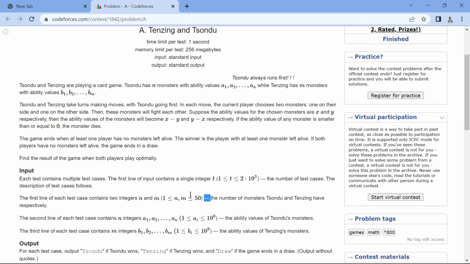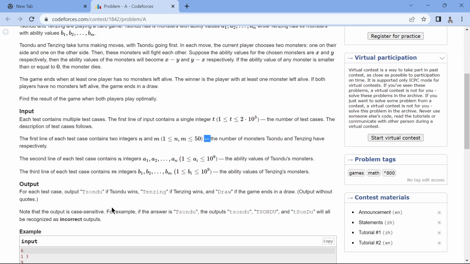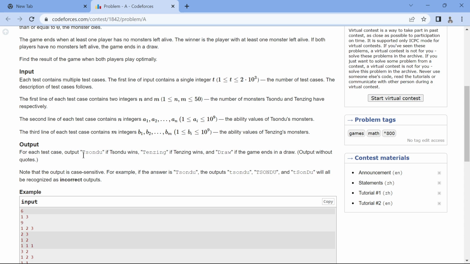Yeah, we can do that every single time, and we want to see if Tsondu wins or Tenzing wins, or if they draw, meaning both have their last monsters kill each other.